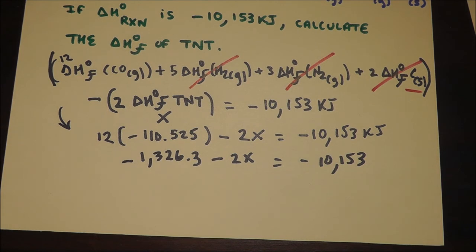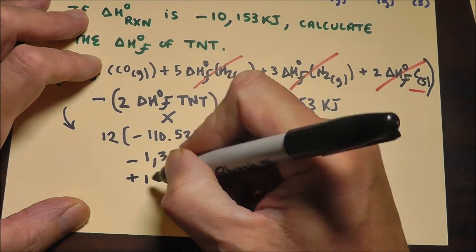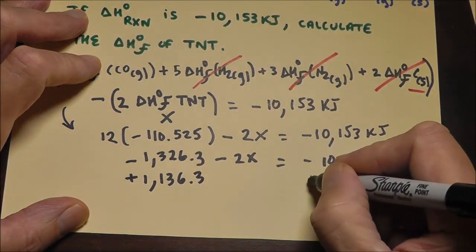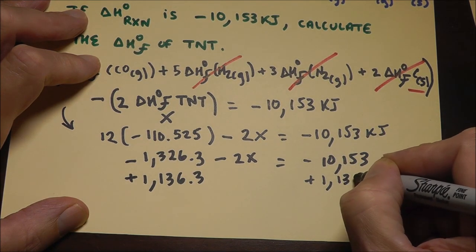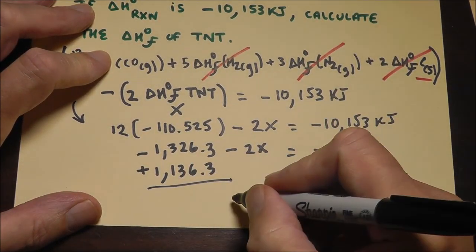Okay, so what I'm going to do next is I'm going to get my x's all isolated to one side by adding to both sides 1,136.3. That would, of course, get rid of it on the left.